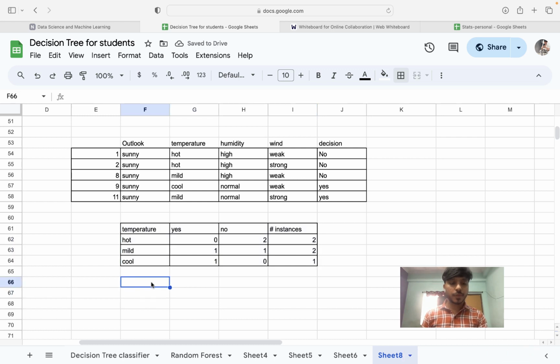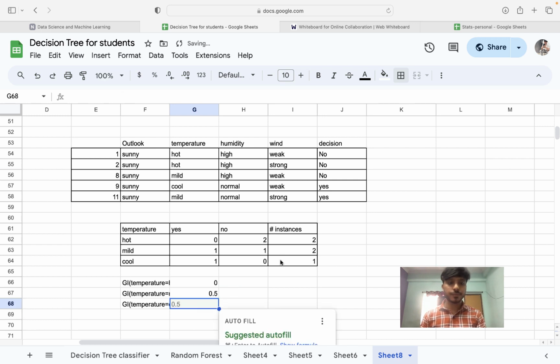Then I'm going to calculate the Gini impurity yet again for each of these: hot, mild, and cool. The formula is the same. For hot, 1 minus 0 by 2 is 0, 2 by 2 is 1, so 1 minus 2 by 2 whole square, and you get 0. Similarly for mild, 1 minus 1 by 2 whole square minus 1 by 2 whole square, I got 0.5.